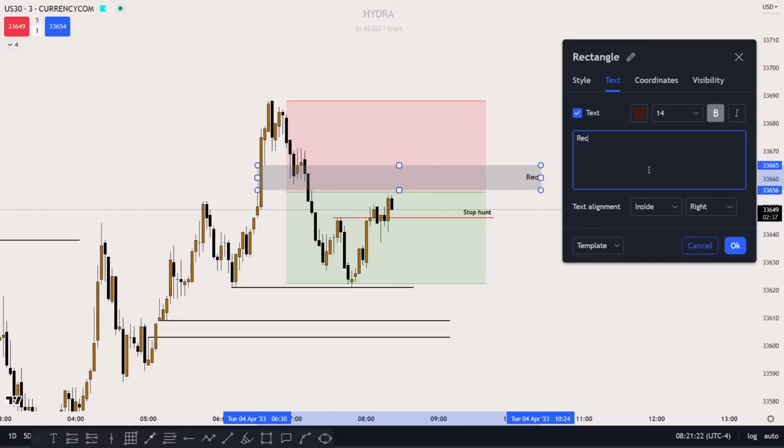Reclaimed fair value gap, or we will say inversion, whatever you like. It's not like it has a fixed name. I like to call it reclaimed fair value gap because this fair value gap we are using once again, right? So it's reclaimed.